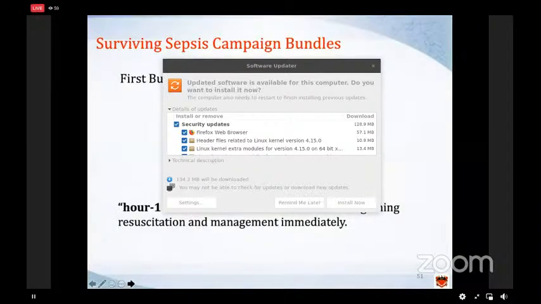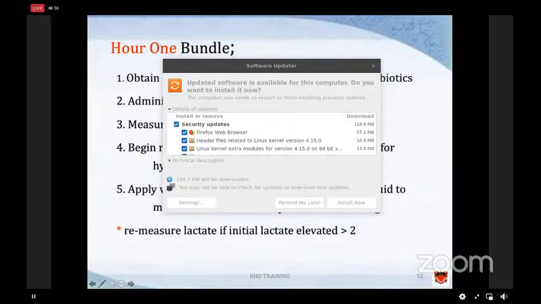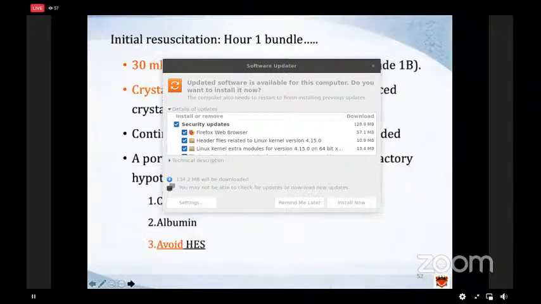As soon as you diagnose sepsis or septic shock, you have to implement this septic bundle within the first hour. So what are the components of the bundle? Take cultures and then start on broad spectrum antibiotics, measure lactate, volume resuscitate, apply vasopressors. We'll go one by one.